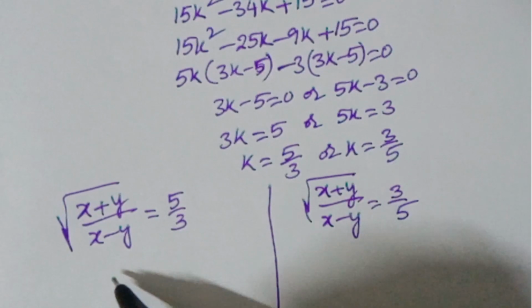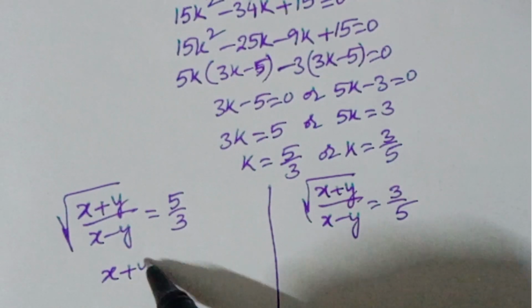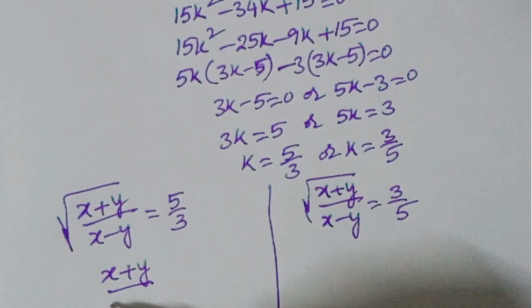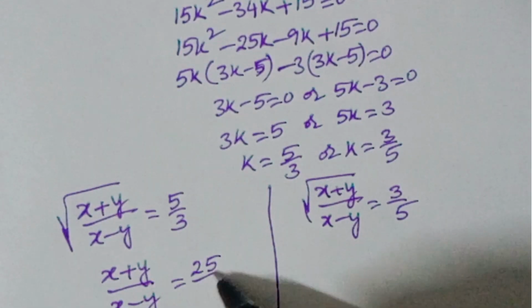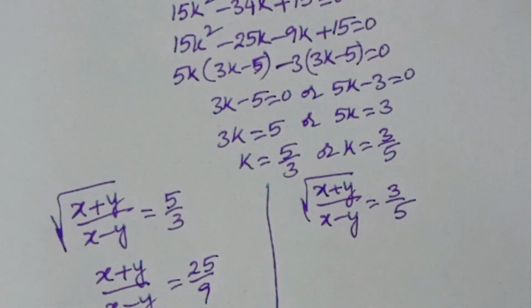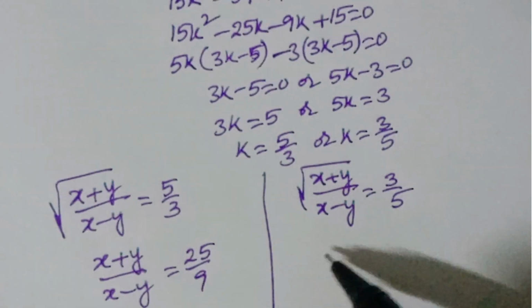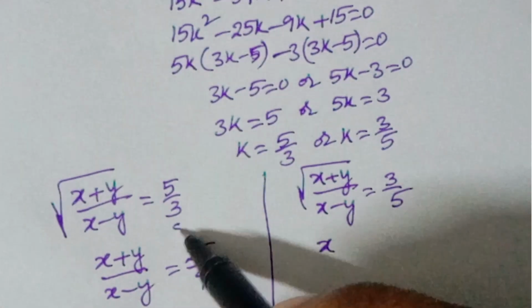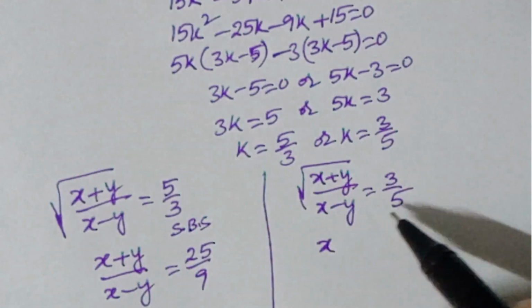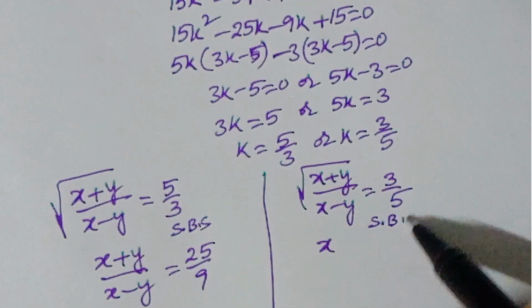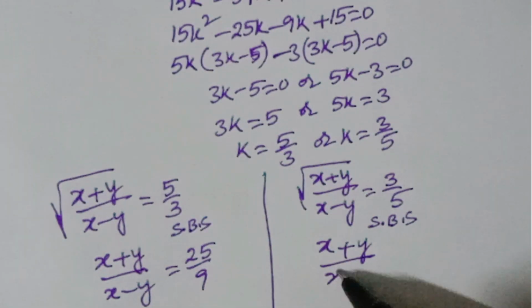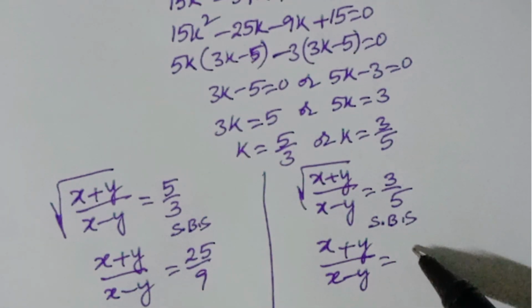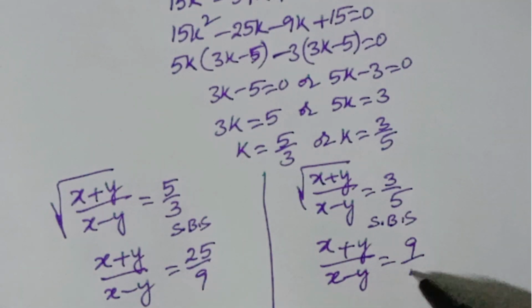Now if you do squaring on both sides, (x+y)/(x-y) is equal to 25/9. Here also you are doing squaring on both sides: (x+y)/(x-y) is equal to 9/25.